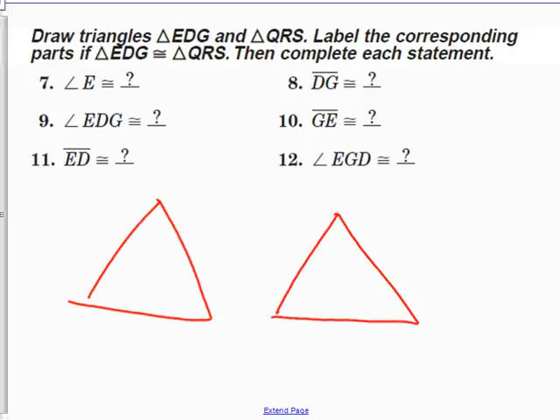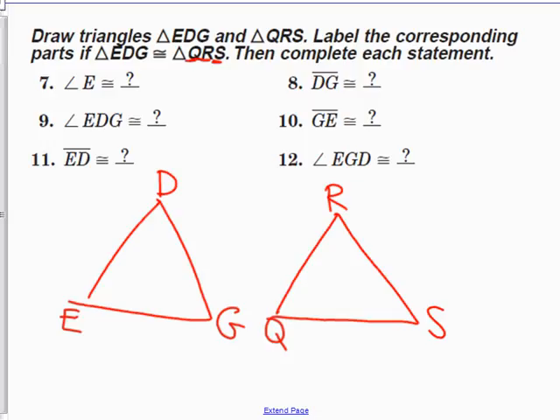EDG, so I'm going to make sure that E is down here, D, G. QRS. Q has to be first, the same spot as E. R is in the same spot as D. And S is in the same spot as G. All right, so I got two triangles.